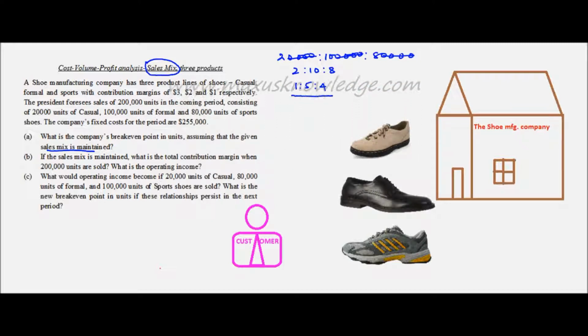So let's consider this building as the manufacturing facility of the shoe manufacturing company. We have been given that the company's fixed cost for the period are $255,000.